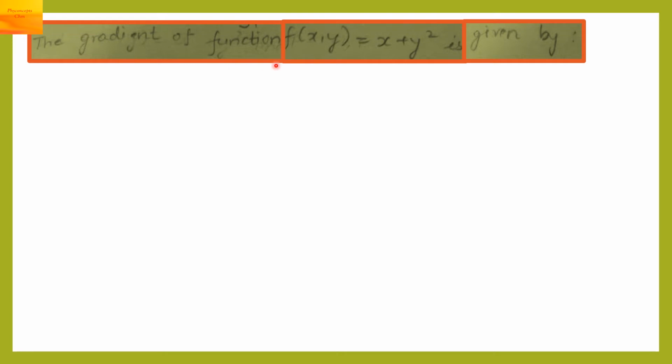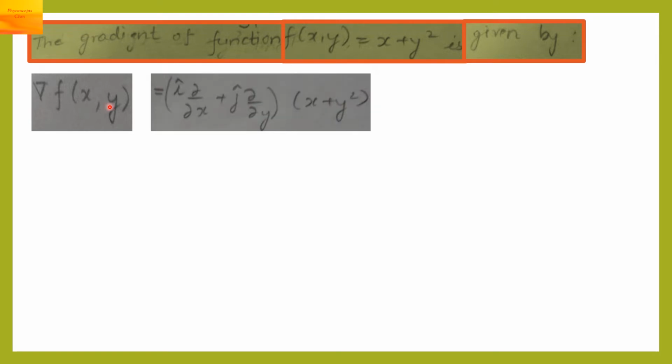The function f of x, y is equal to x plus y squared. We have to find the gradient of this function f, which depends upon x and y. So we'll substitute the del operator, that is i cap ∂/∂x plus j cap ∂/∂y, and also substitute the function f, that is x plus y squared.